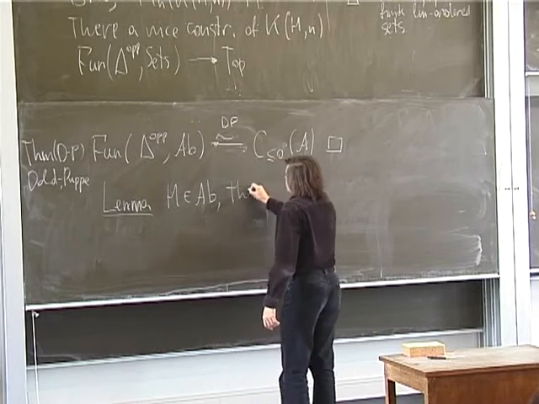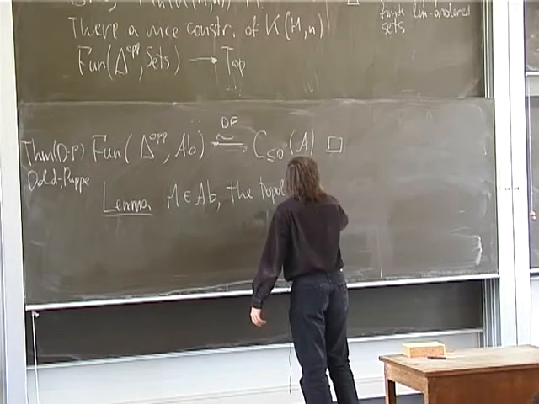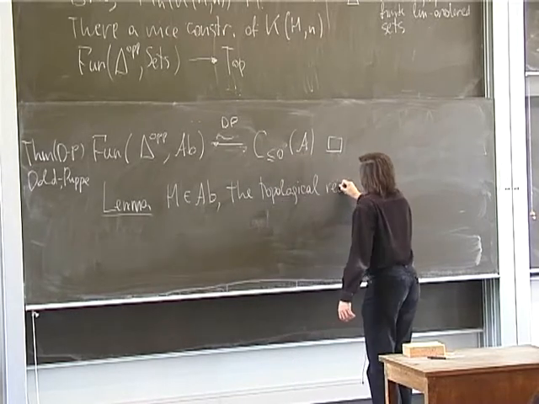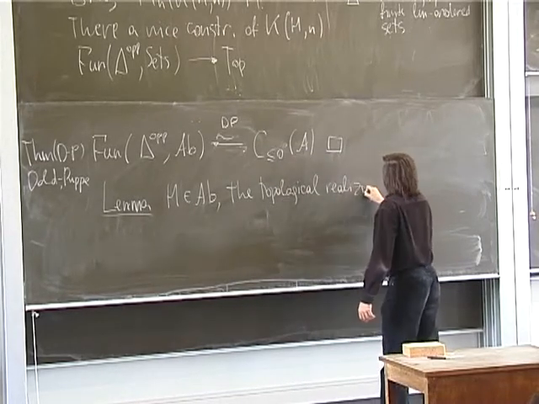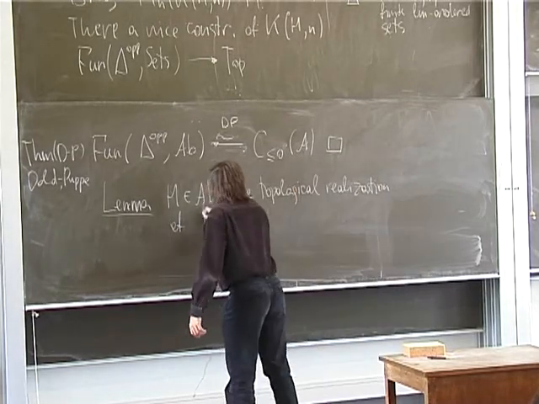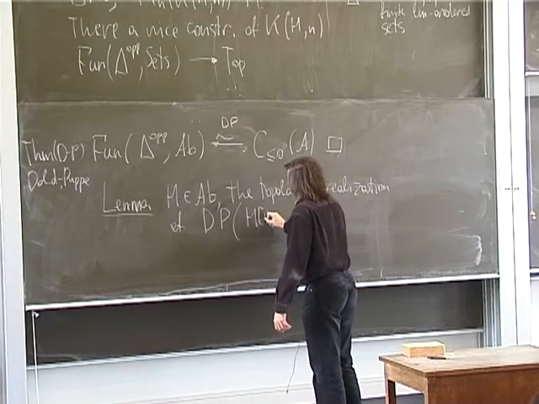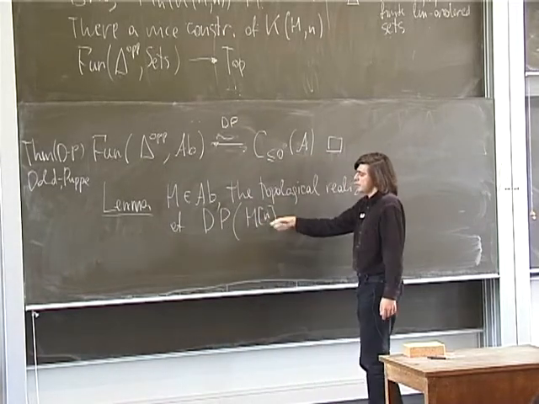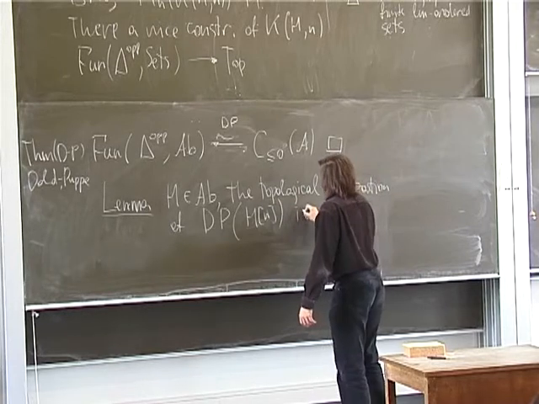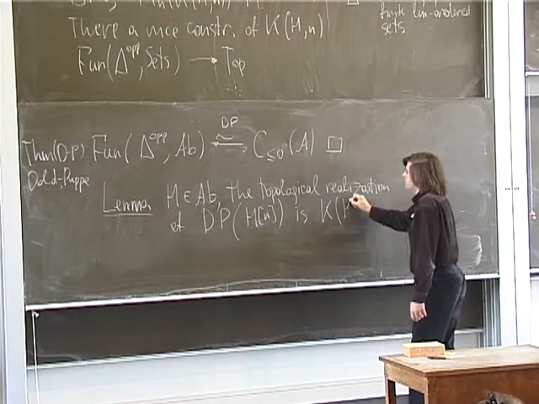Then the claim is that this is exactly the Eilenberg-MacLane space. So the topological realization of DP applied to H, considered as a complex placed in degree n, is the Eilenberg-MacLane space K(H, n).